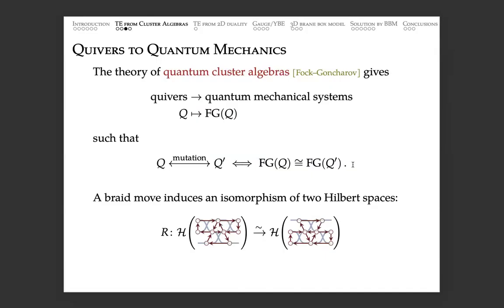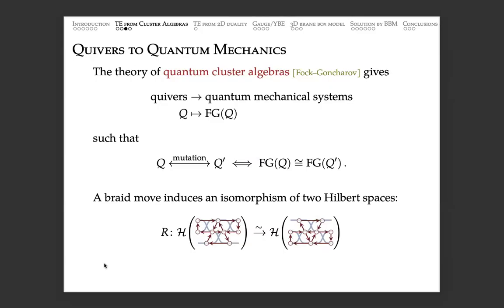But let's apply this map from quivers to quantum mechanical systems to the previous example, where you have two wiring diagrams with three wires related by this braid move. Because a braid move induces a sequence of mutations, the corresponding quantum mechanical systems associated to quivers assigned to each of these diagrams are related by a product of some unitary operators.